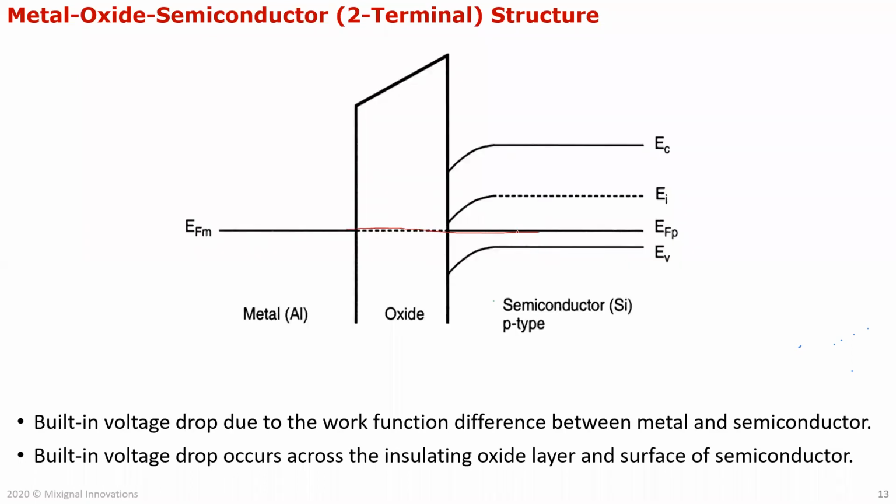In order for that to be the same, just like in a PN diode, this band near the oxide bends. So this is your P type, this is your oxide, this is your metal, right? This is your P type semiconductor in this example. So obviously your Fermi level is close to the valence band. But when you put them together, because of what's called the work function difference, the band needs to bend.